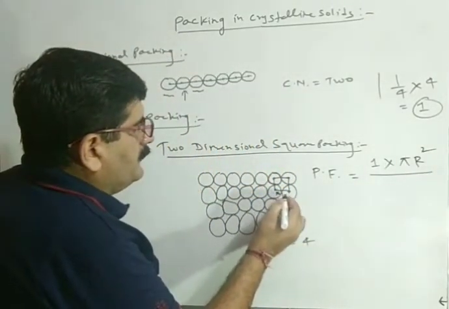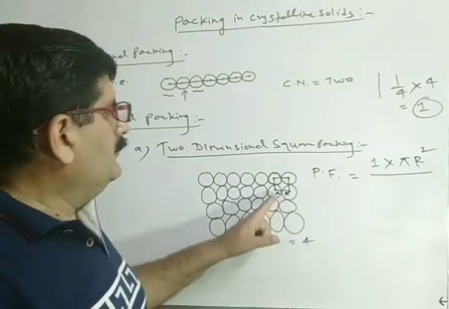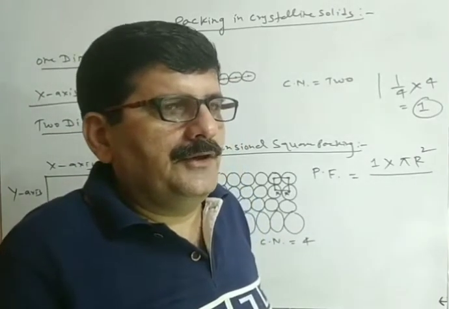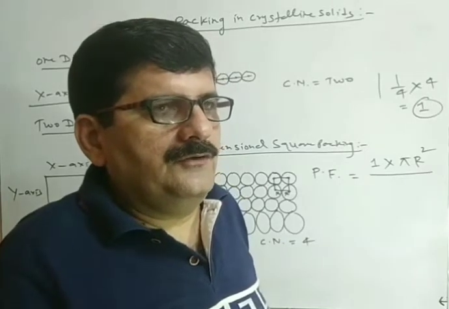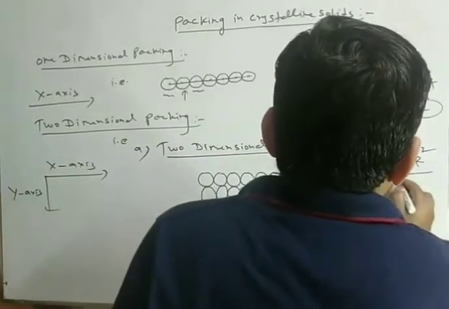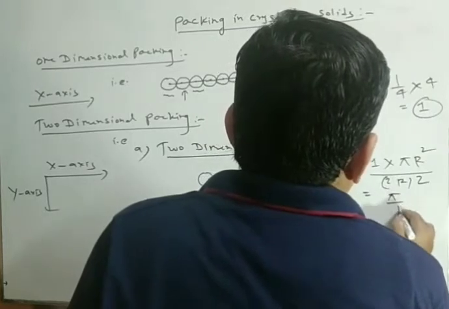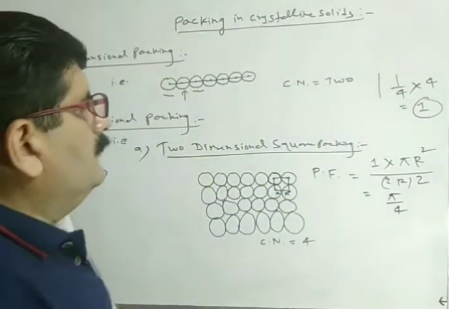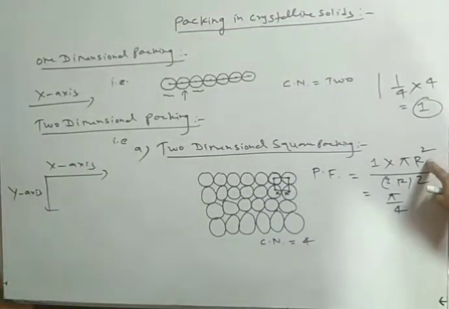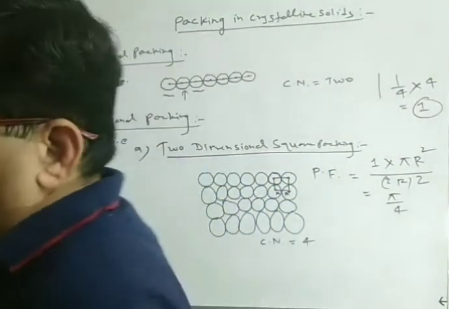Suppose this radius is R and this one also is R, then this total distance is called what? 2r. So we know that the area of a square is equal to what? A square, we can write 2r square. Let's give the result, what? Pi/4. This is the number of atoms per unit cell. Here the area of one circle, and downward we can take the area of unit cell.